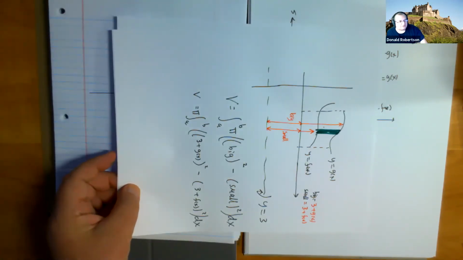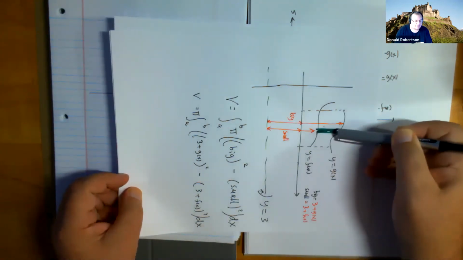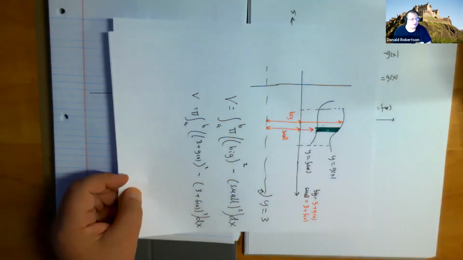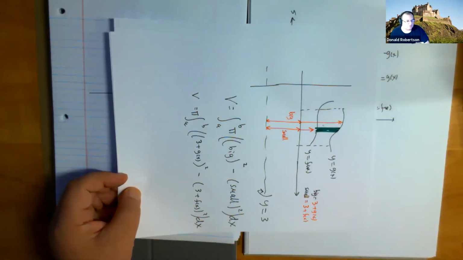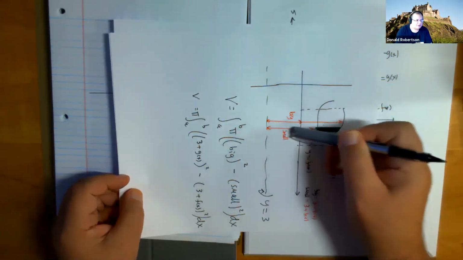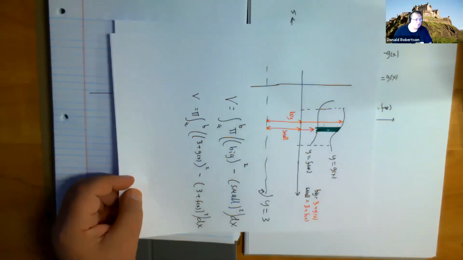Can you just imagine the shape's turned on its side? Can you see then that the furthest one is going to be your big, and the shorter one is going to be your small? So the one that's furthest to the right, isn't that going to be your big, and the one that's not is going to be your small.